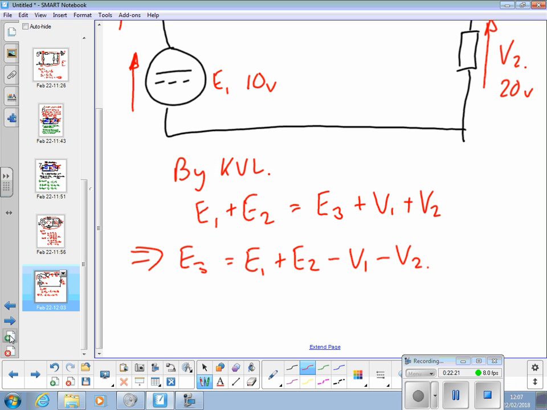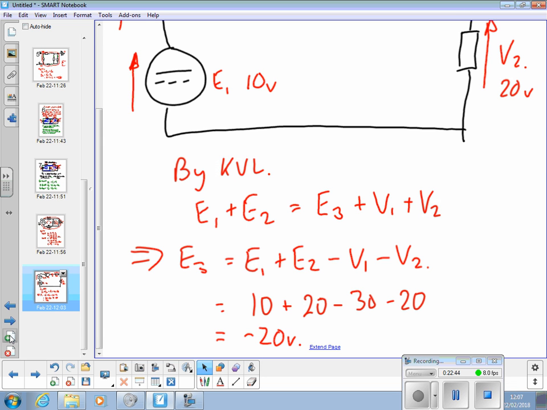Then we put the numbers in. E1 is 10 volts plus 20 volts minus 30 volts minus 20 volts. Minus 20 volts.